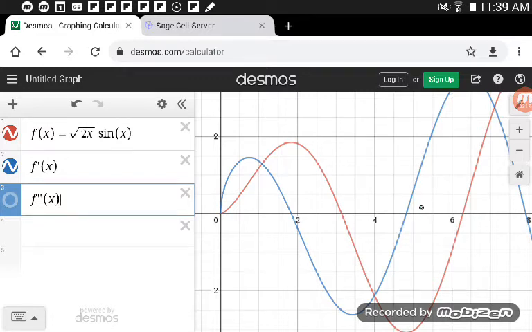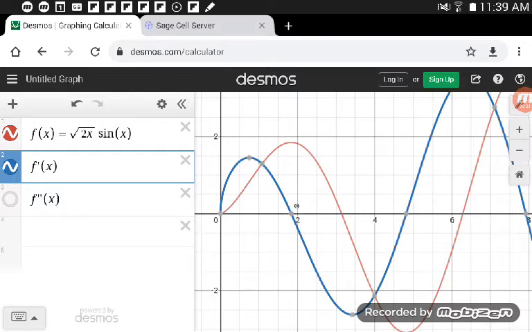Now we see this, and if I go here, I can find the zeros at 0, at 1.837, and at 4.816. Okay, so I have 3 critical numbers in this interval.